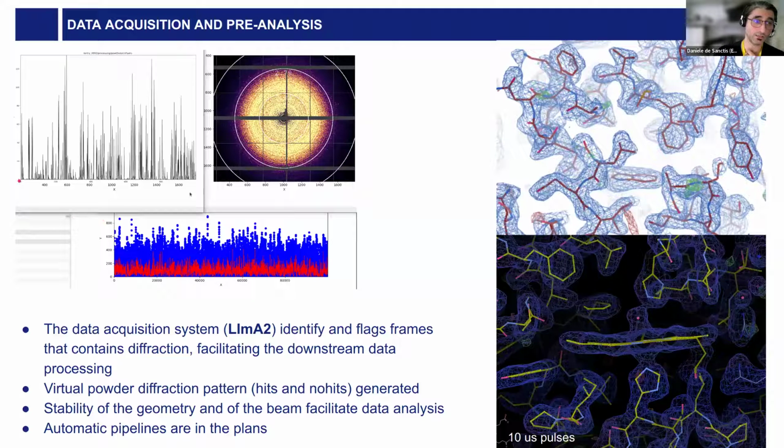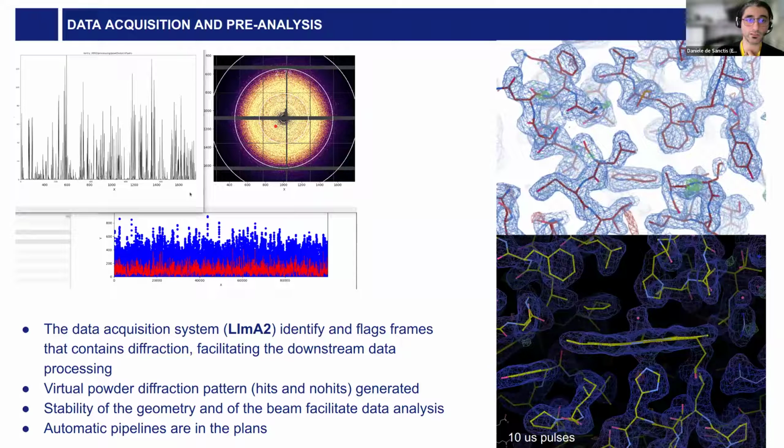Here you see the content of the HDF5 files with all the frames, and these plots indicate how many diffraction spots have been identified for each frame. Based on that, we can do a pre-selection and only process the frames that are above a certain threshold. On top of that, Lima also produces a virtual powder diffraction pattern, accumulating all the images that are identified as hits.